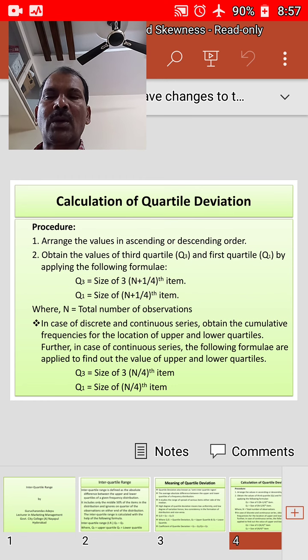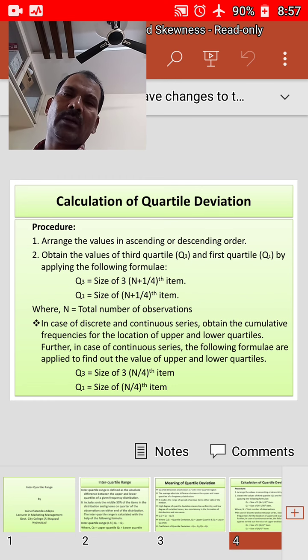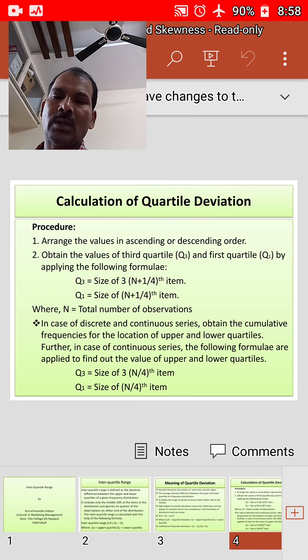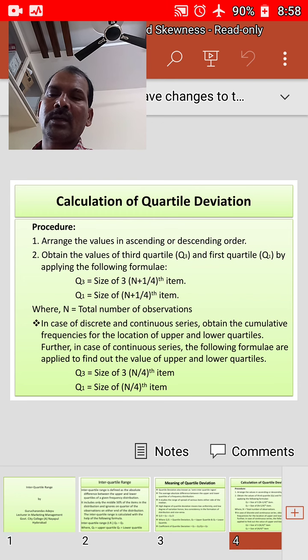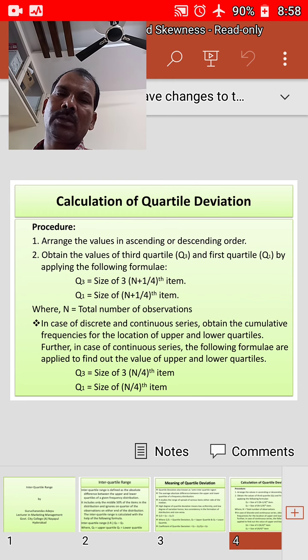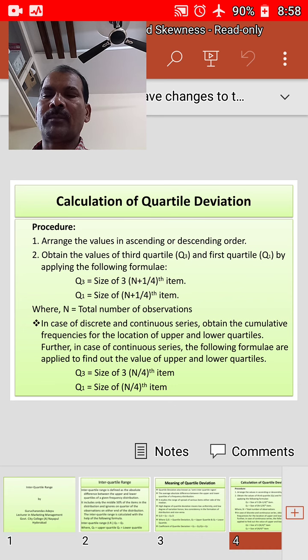Next, obtain the value of the third quartile Q3 first, and then the value of the first quartile Q1. Q3 is equal to the size of 3 into n plus 1 by 4th item. This is the formula for Q3.